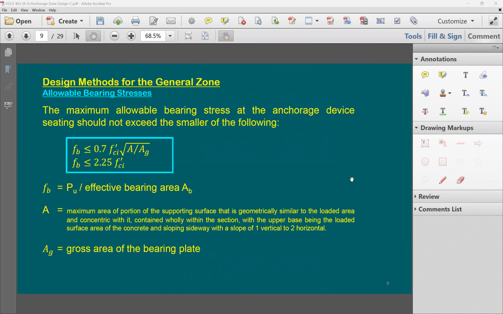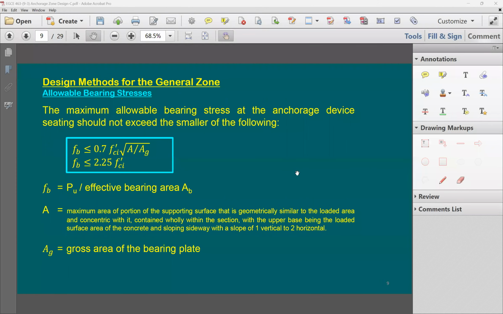All right. So I'm going to have more than one check when it comes to design according to the code. The first one is going to be the bearing stress. You understand when you have this bearing, and this bearing is going to happen in the early stage of the prestressing, the actual bearing stress is going to be equal to FPU divided by the contact area between the plate and the concrete.